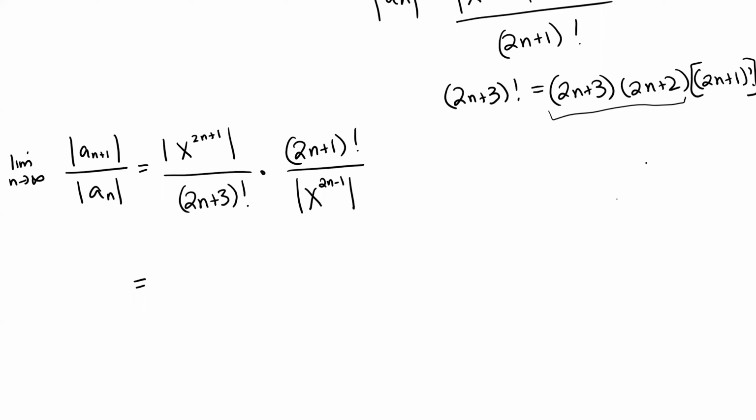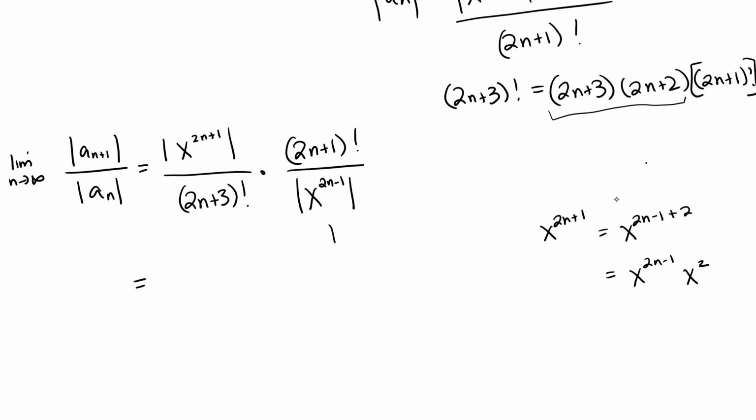Next, let's work on canceling some stuff out with the x to the 2n plus 1 and the x to the 2n minus 1. So if we think about x to the 2n plus 1, that's equal to x to the 2n minus 1 plus 2 more. Or in other words, this is equal to x to the 2n minus 1 times x squared.